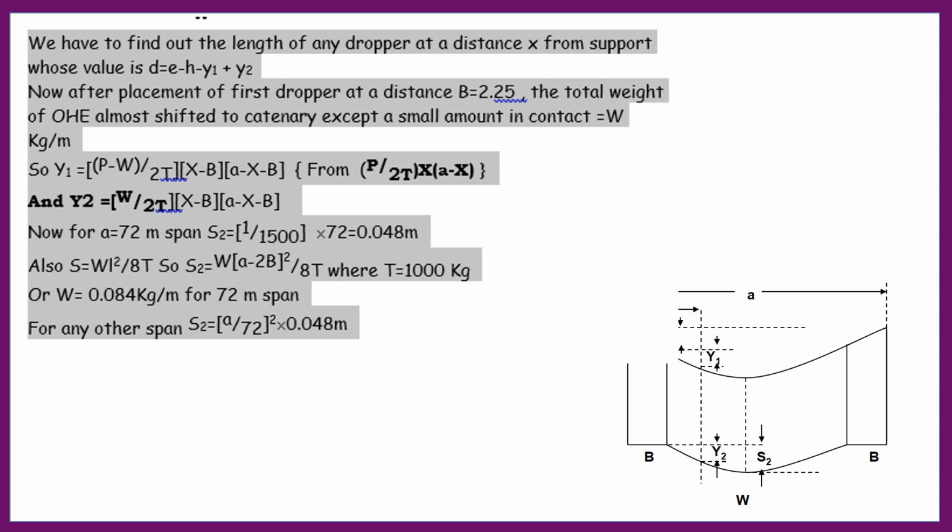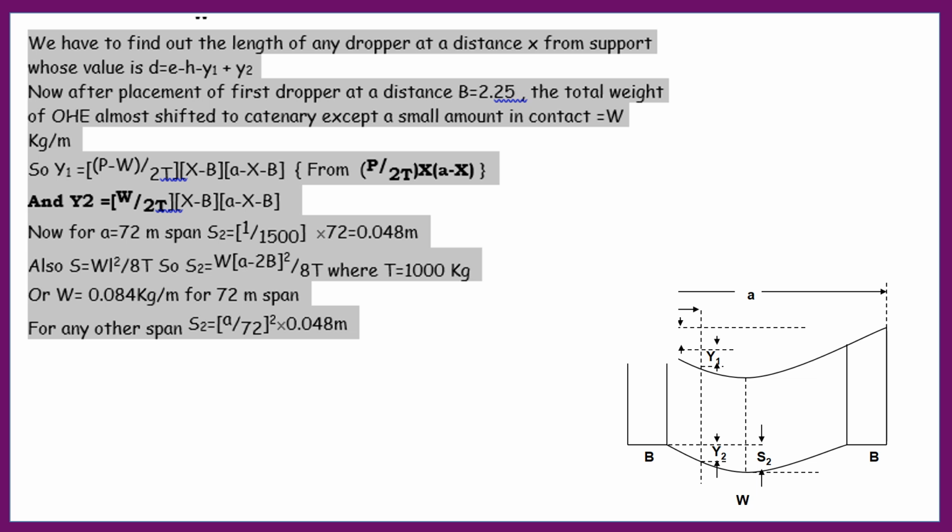From the figure we can see the length of the dropper at X distance from the mast after the first dropper is encumbrance minus catenary stagger, minus again the catenary stagger at the X distance.